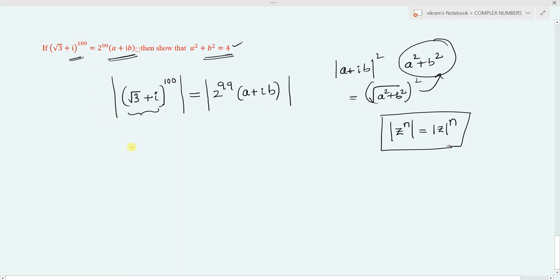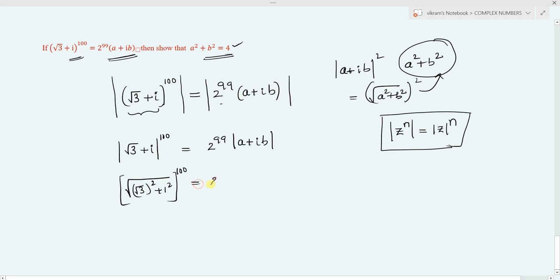Then we can write modulus of square root of 3 plus i whole power 100, which equals 2 power 99 into modulus of a plus ib. Now what is the modulus of root 3 plus i? Square root of 3 square plus 1 square, whole power 100, equals 2 power 99 into modulus of a plus ib, which is the square root of a square plus b square.